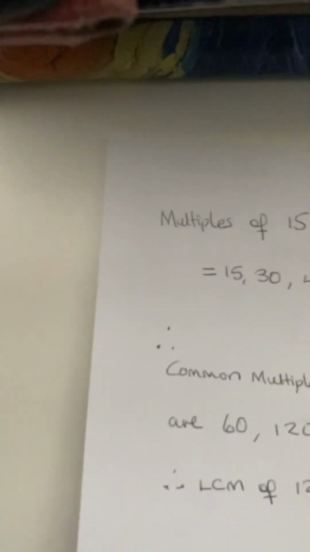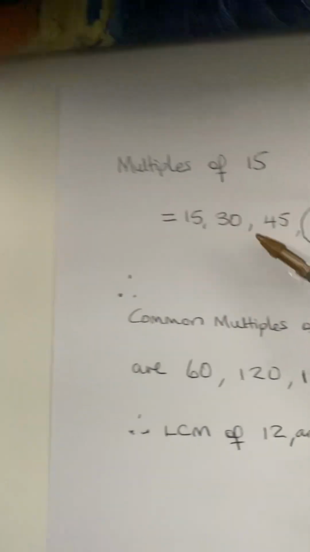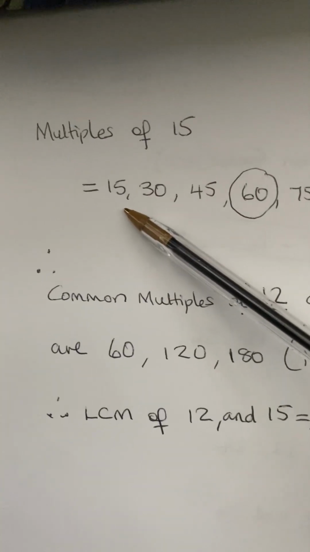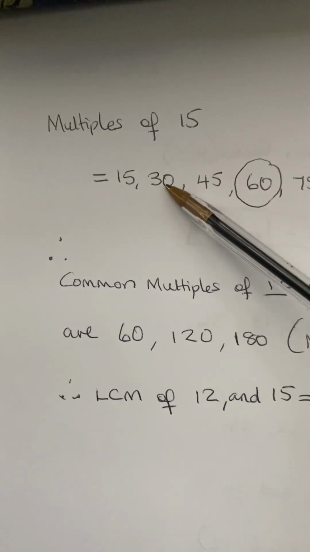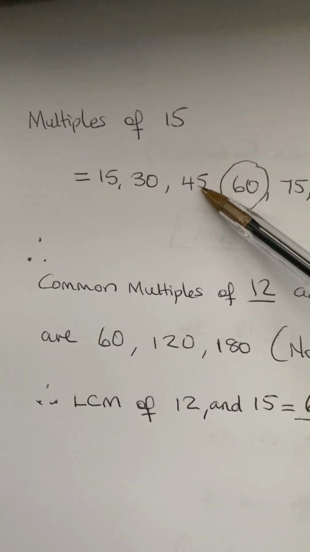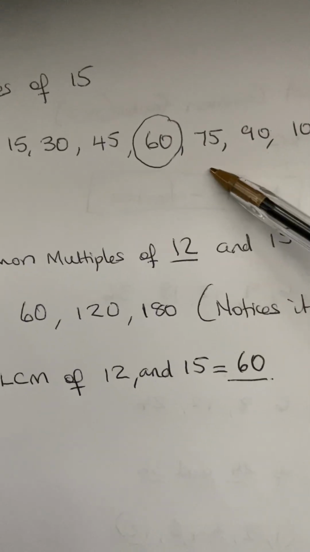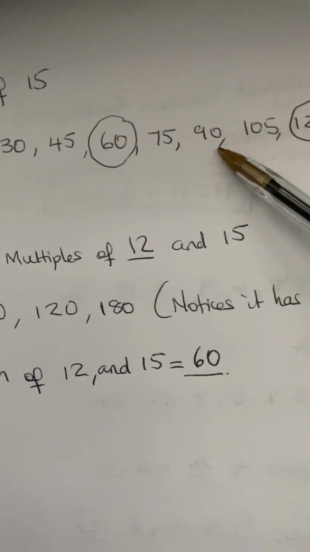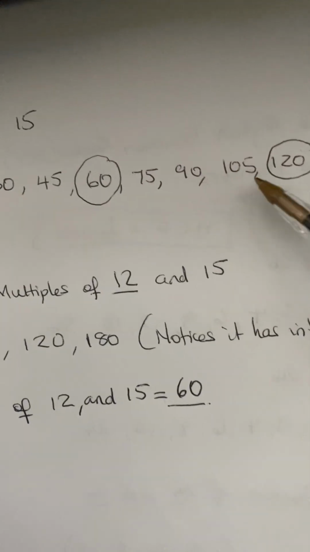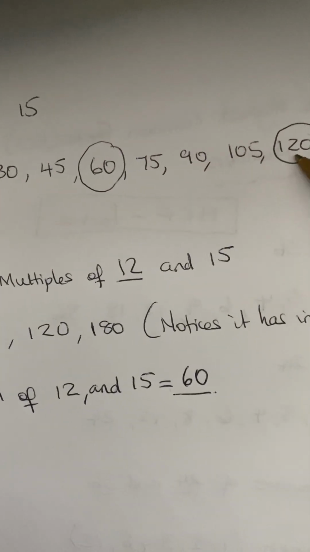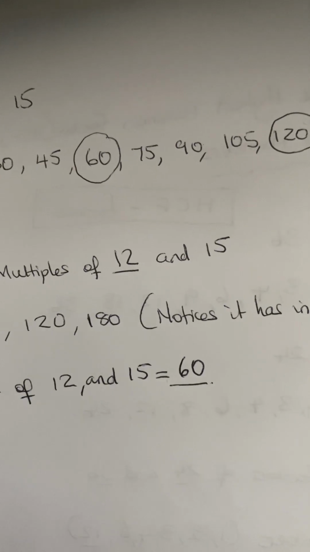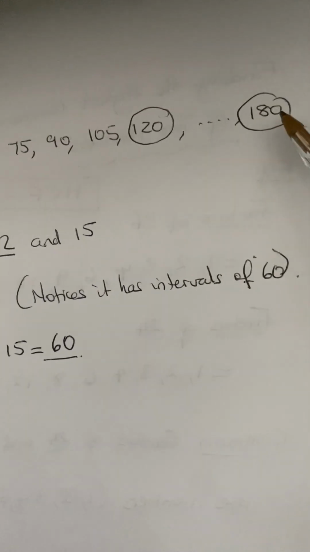Now the multiples of 15 are 15, 30, 45, 60, 75, 90, 105, 120, and then if you go on and on, you are going to get 180.